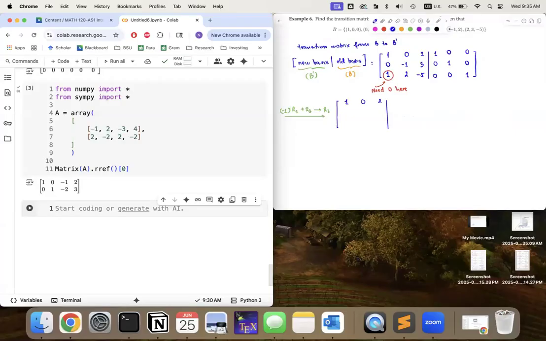So 1, 0, 2, 1, 0, 0. Then row 2 remains the same as well. 0, -1, 3, 0, 1, 0. Now for the last row, what's going to happen is you have -1 times 1 is -1, add with 1, you get 0. Then -1 times 0 is 0, add with 2, you get 2.